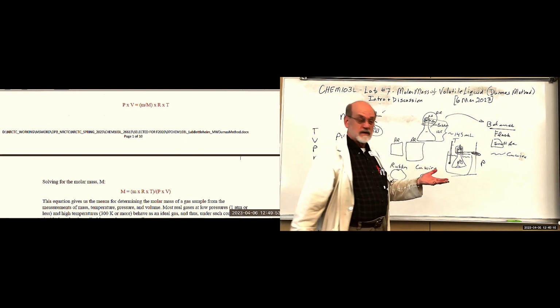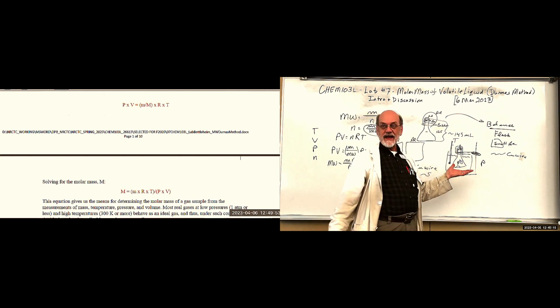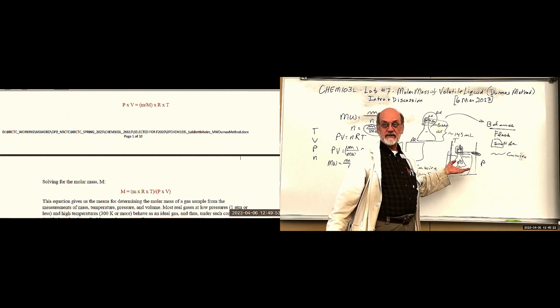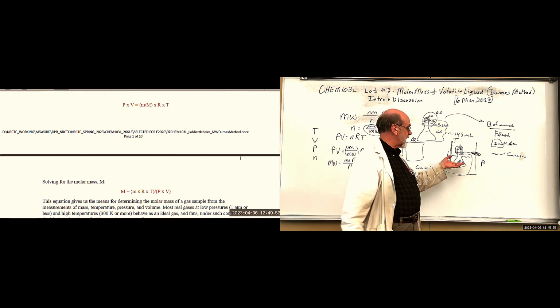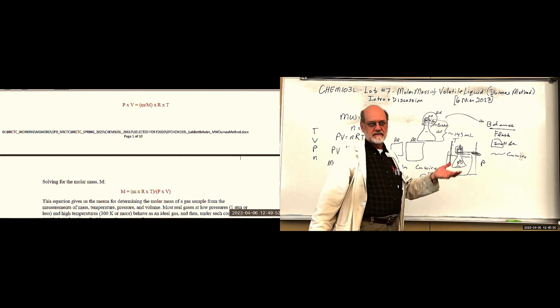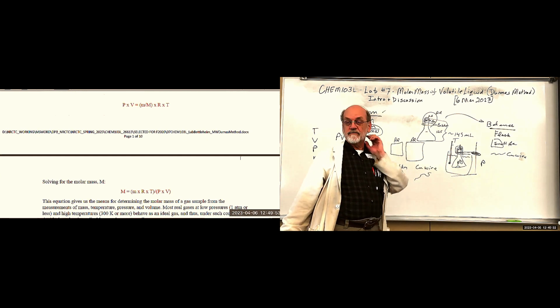Because if you do, and you weigh it like that, that makes you think that you've got more gas in there than you really do. And the gas that's in there is going to condense, which is fine. Because mass is mass no matter what the phase is.